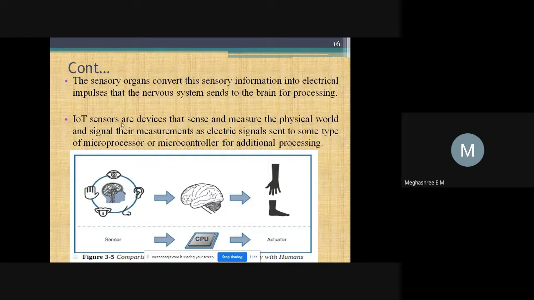So you can see here, IoT sensors are devices that sense and measure the physical world and signal their measurements as an electrical signal sent to some type of microprocessor or microcontroller for additional processing. After the processing is done, the required action will be taken by the actuators. This is the working of sensors and actuators altogether.